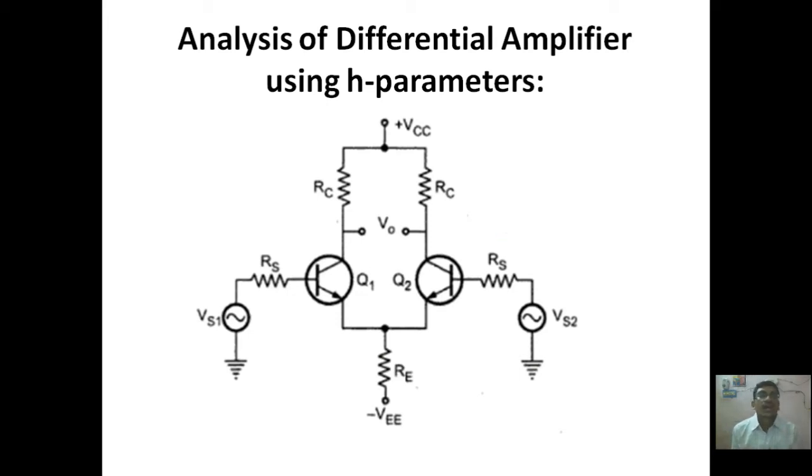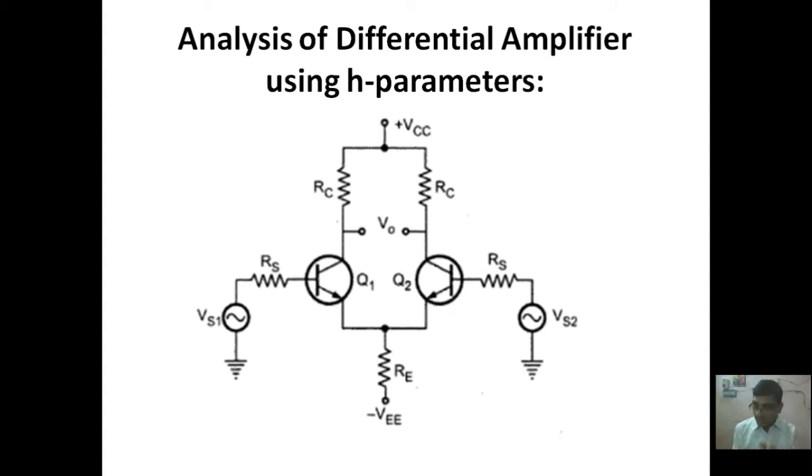The analysis is divided into two types. One is the AC analysis, another one is the DC analysis. First we will do the DC analysis in order to get the operating point, the VCEQ and ICEQ values. The DC analysis with H parameters is similar to what we have done in the R parameter analysis.